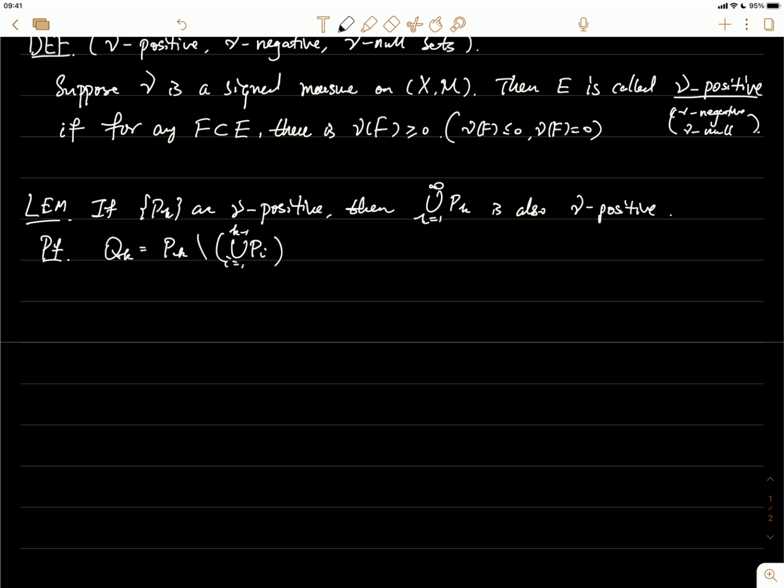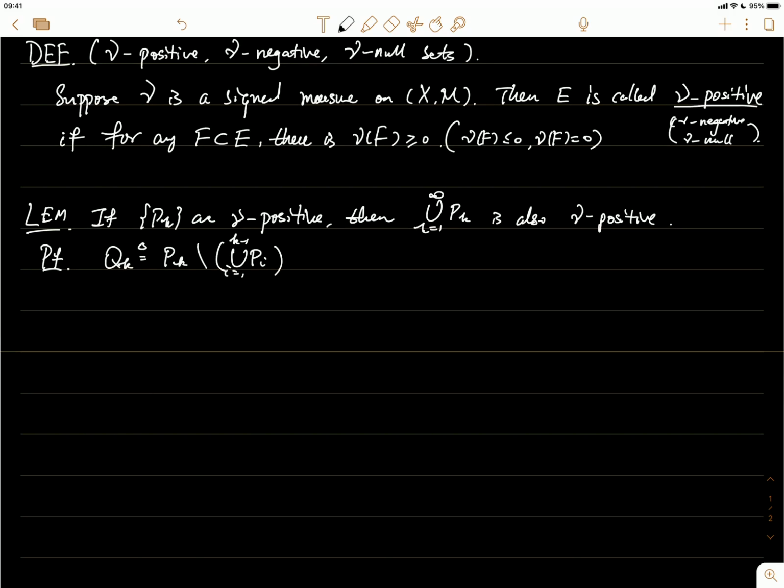We denote this qk to be this. Then apparently qk is a subset of pk, and because pk is new positive, the measure of qk is also positive. Right? That's what we know. But let's keep this for a moment.